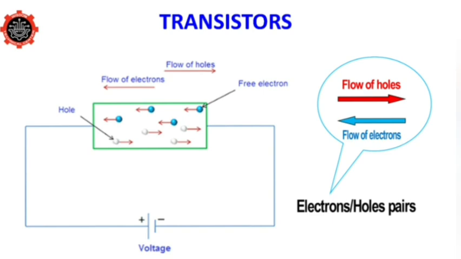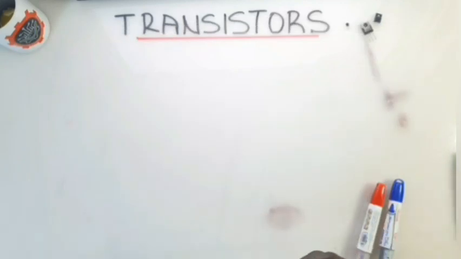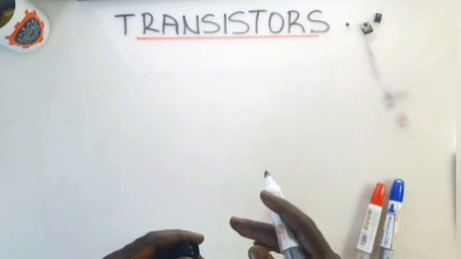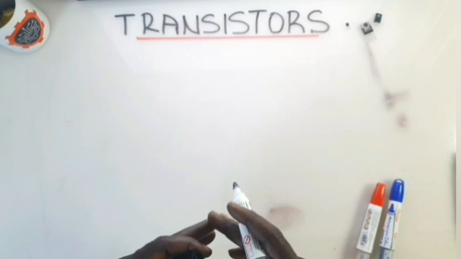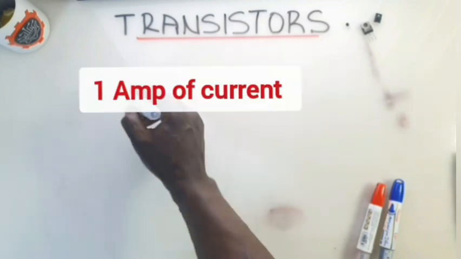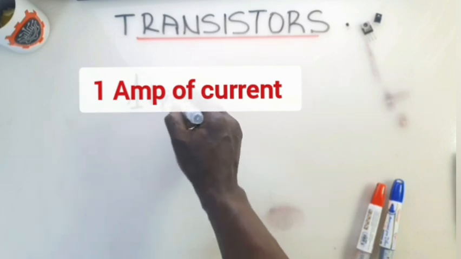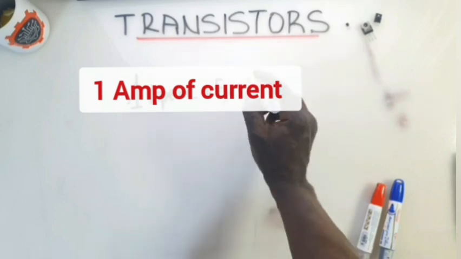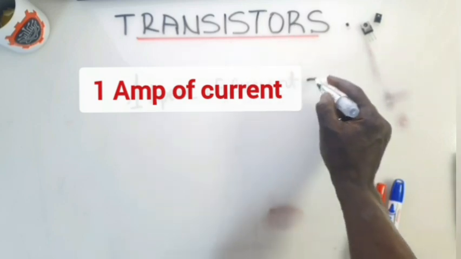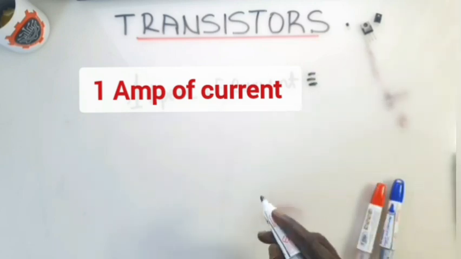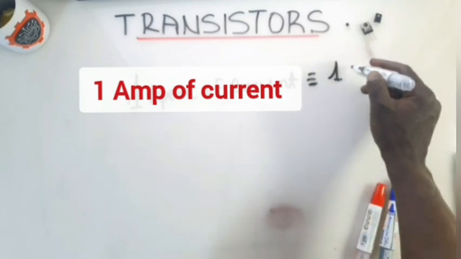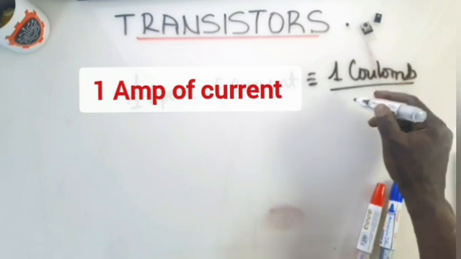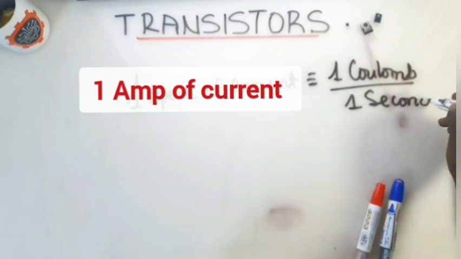Now, to be honest with you, 1 amp of current is equivalent to 1 coulomb of charge per second. That is 1 amp.